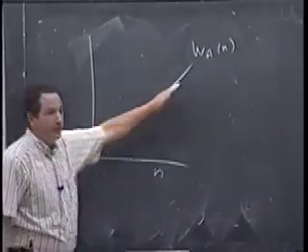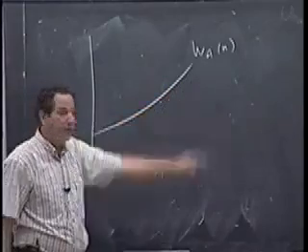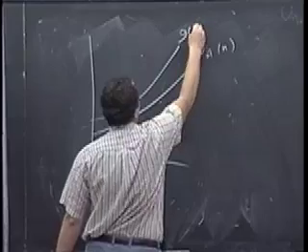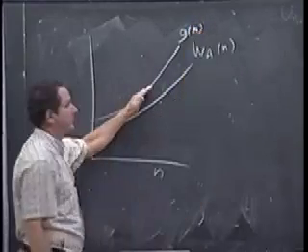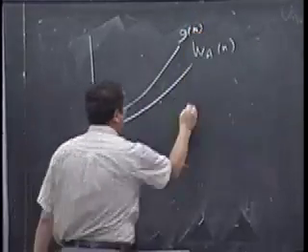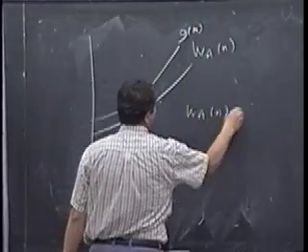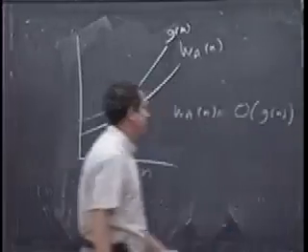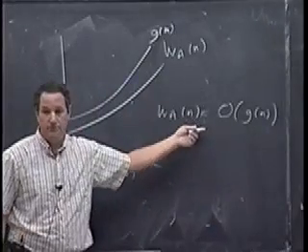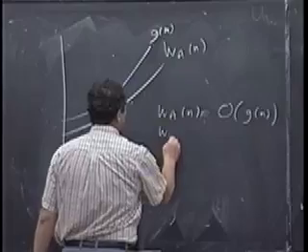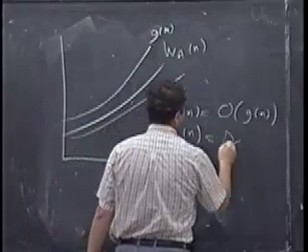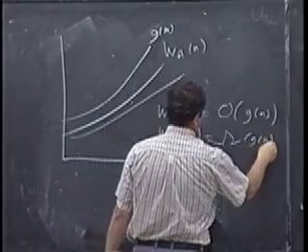Mostly, we're not going to be able to get our hands on this exactly, but we'll be able to get our hands on some functions here, g of n, where we know that W_A(n) is big O of g of n. That's the kind of thing we'll be able to prove. Or we'll have W_A(n) is omega of g of n.